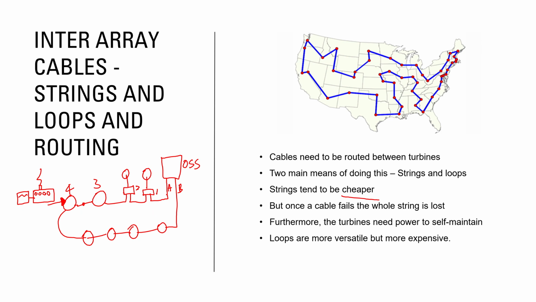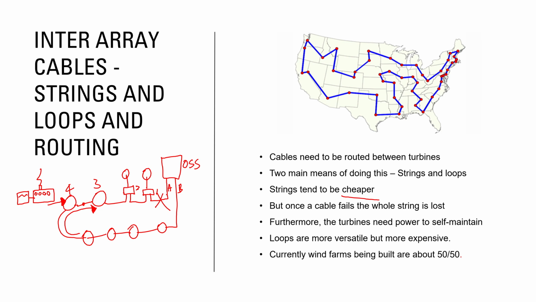So in practice you are not going to be able to export a full string load if, for example, you lose string A right at the OSS. You're not going to be able to get all those 4 additional turbines through string B, but you will be able to get some power. And equally important, you can always backfeed the string and keep those turbines alive with a little bit of power. Now that is the situation that I have always liked and always wanted.